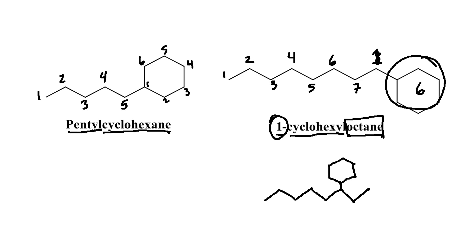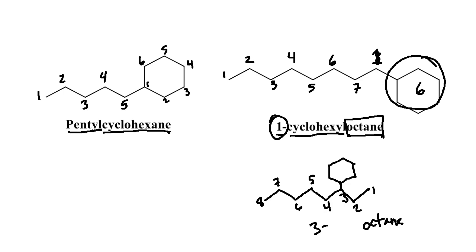So now if I were to number this, 1, 2, 3, 4, 5, 6, 7, 8, this is still an octane. However, now it's a 3 cyclohexyl octane. It is not just a 1 cyclohexyl octane.